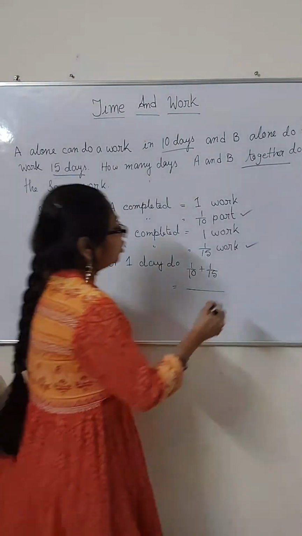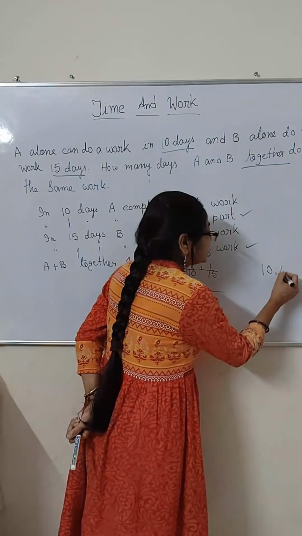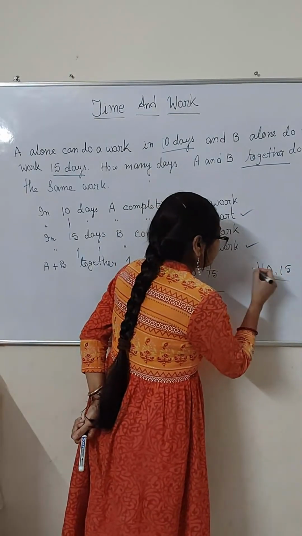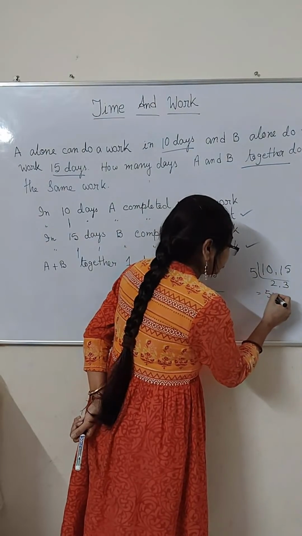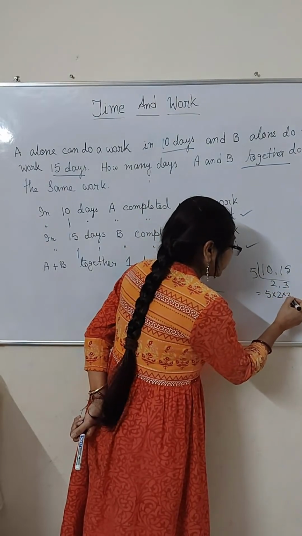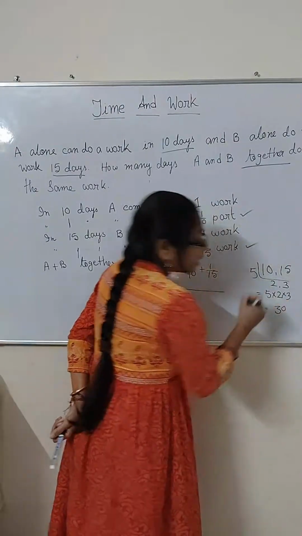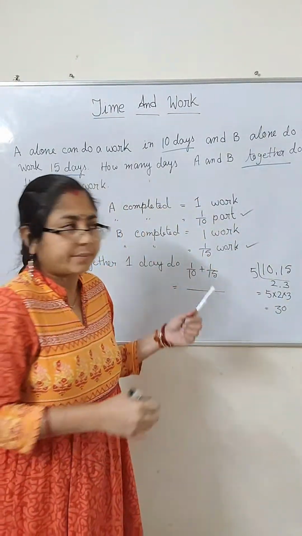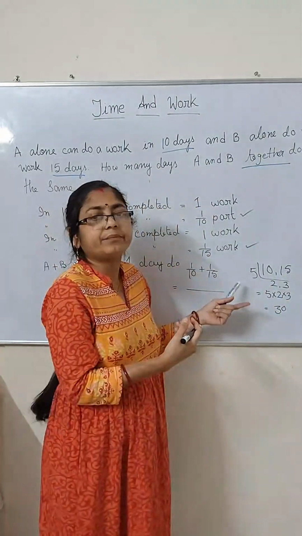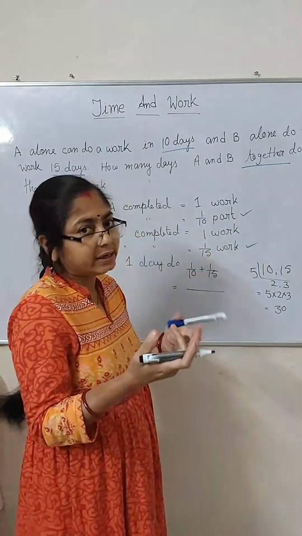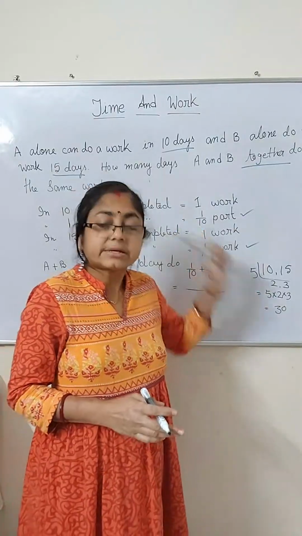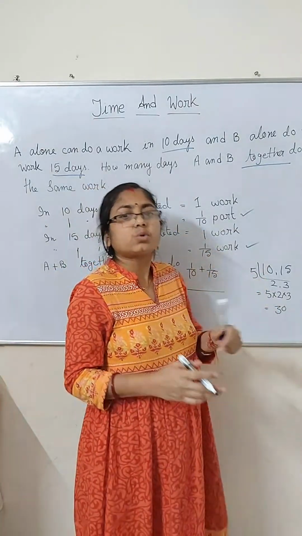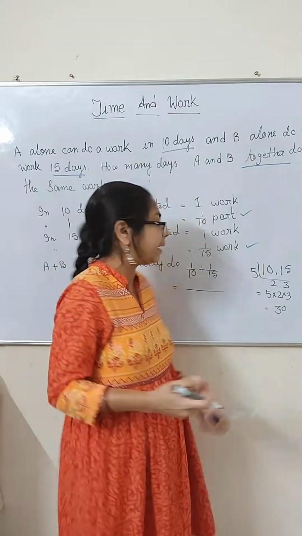Now what do you do? Find the LCM of 10 and 15. 5, 2 and 3. So 5 into 2 into 3, it is 30. You can do it alone, without LCM, in the mind, but it is a live class, so I do it step by step, because so many kids can't do this part.